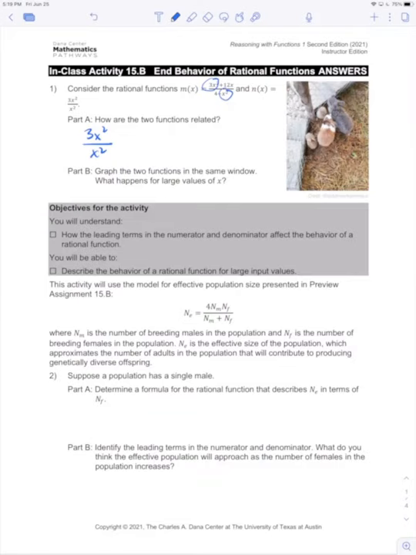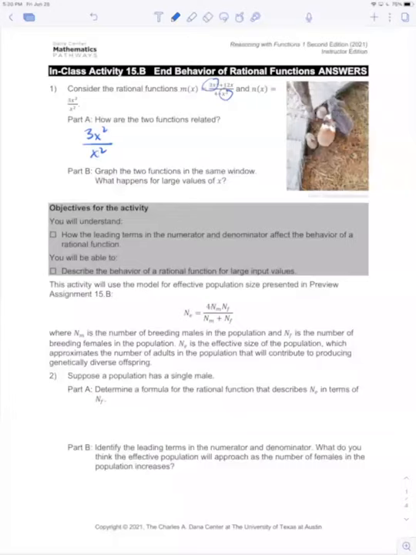And that's listed right here. N sub m is the number of breeding animals in the population, and n sub f is the number of breeding females in the population, where n sub e is the effective size of the population, which approximates the number of adults in the population that will contribute to producing genetically diverse offspring.